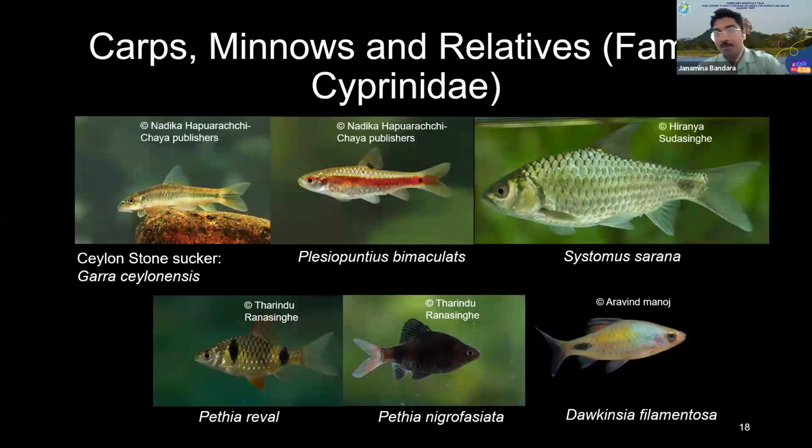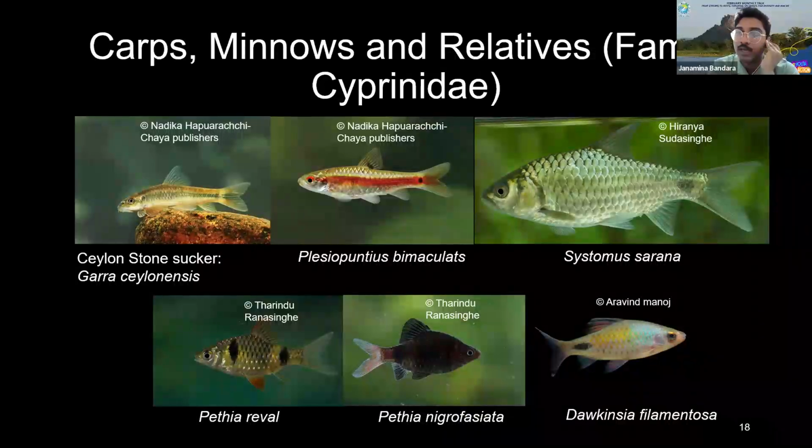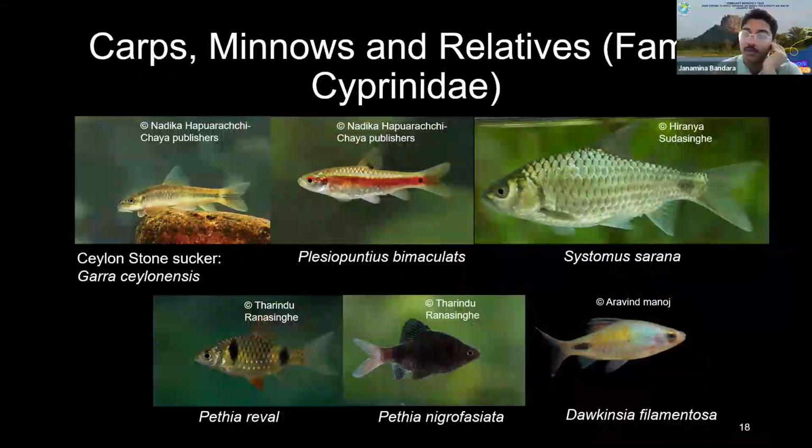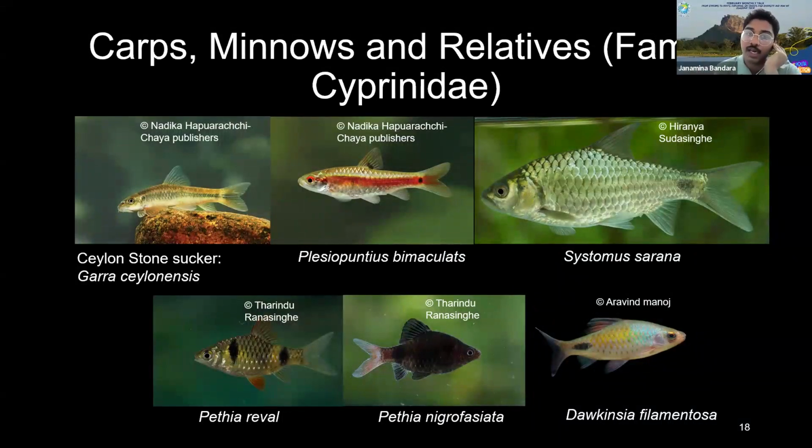So moving on to the different families, I have to pass through this very quickly. These are some of the major dominant groups in Sri Lanka, the Cypriniformes and the family Cyprinidae.